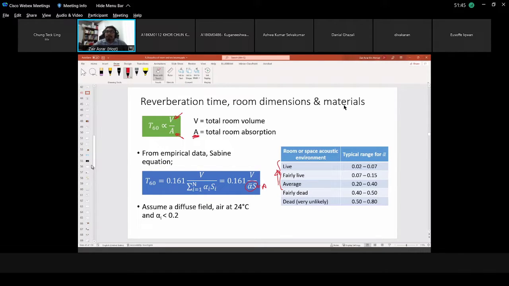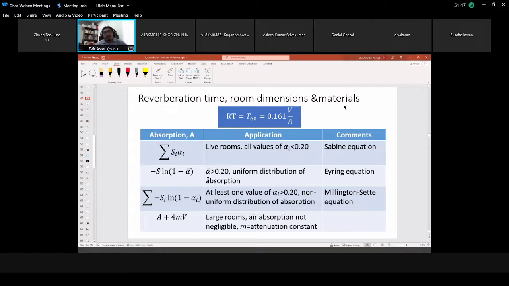All right. If we have different types of acoustic environment, for example, if the average absorption coefficient is larger than 0.2, and we have uniform distribution of absorption, then A might not be the summation of alpha times the surface area.